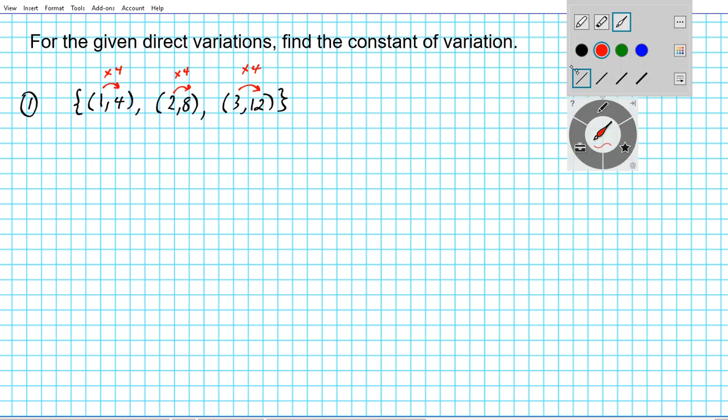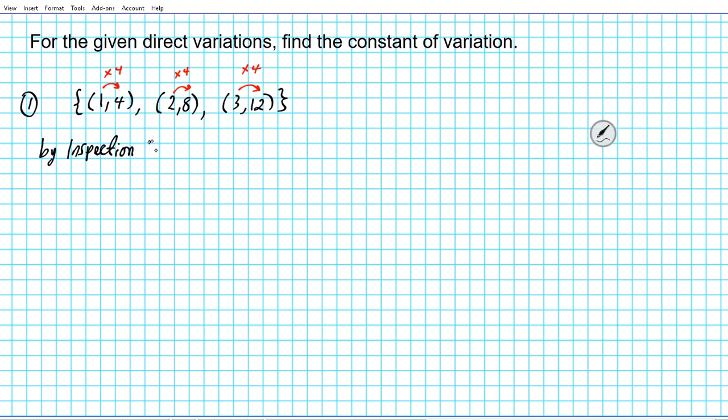And by inspection, the constant of variation is that number that we multiply by every time. So by inspection, we can arrive at the conclusion that k is equal to 4. Now let's find the constant of variation using the formula.